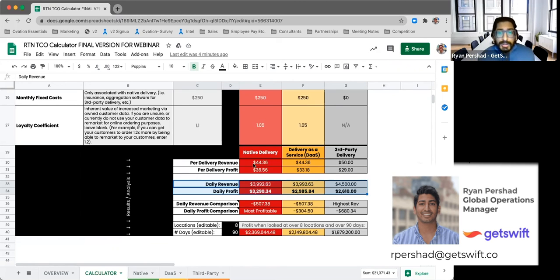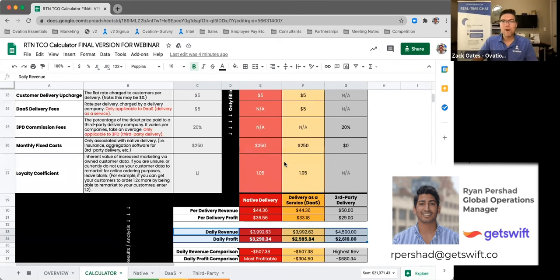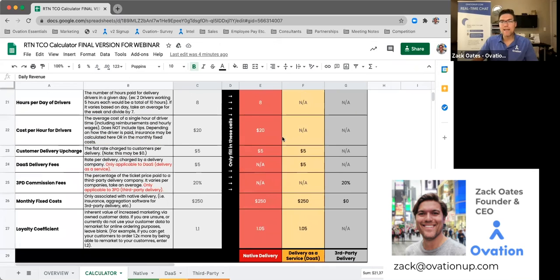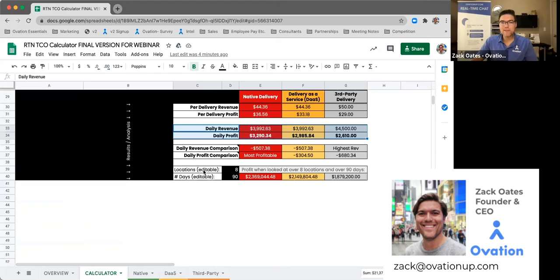Yeah. And because these calculations up top are looked at on a per delivery, per day, per location basis, these numbers are, as he said, per basket up here, and this is per location here, right? So we're looking at this as a single location.